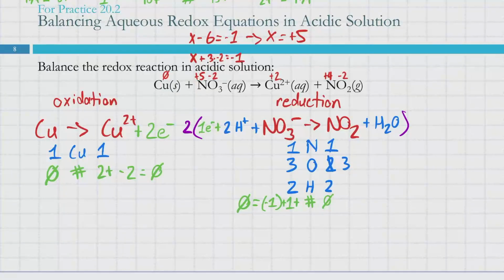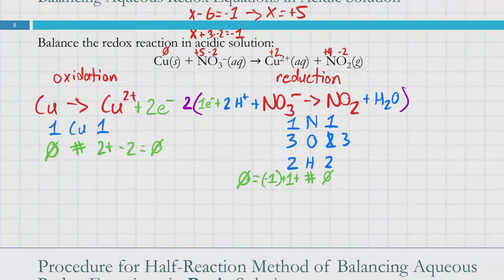I'm going to rewrite these. Cu goes to Cu2 plus plus 2 electrons. That's our oxidation. And then our reduction. And you have to remember to multiply this 2 by every single thing that's in your reduction half reaction. Otherwise, you're going to screw up somewhere.